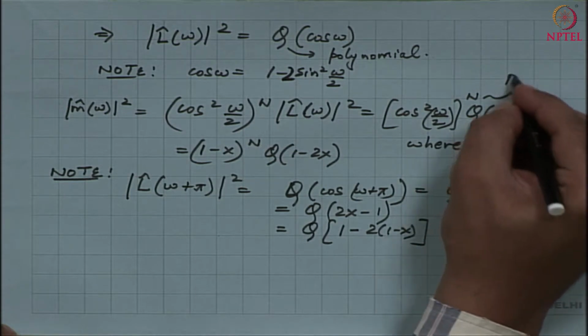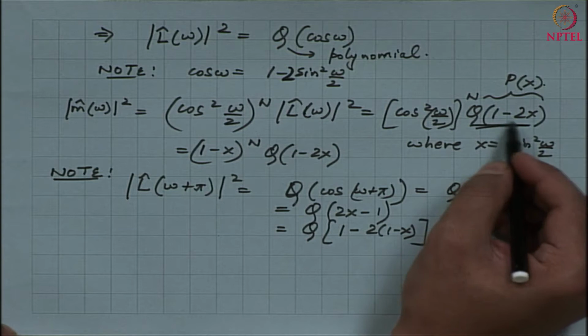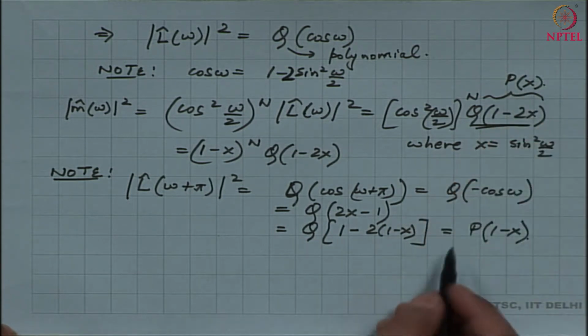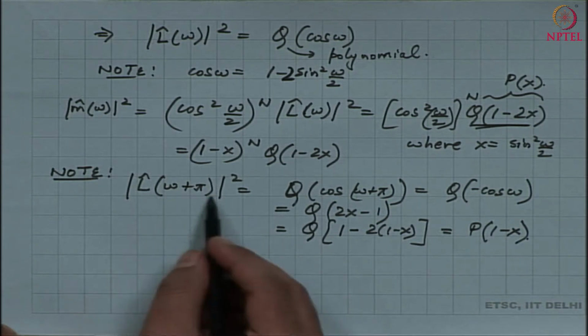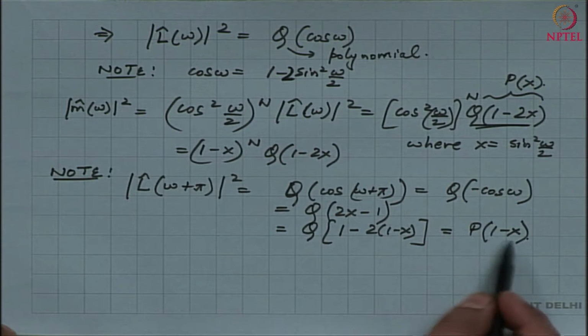I denote my q of 1 minus 2x as my polynomial p of x. So, I see that the absolute value square of L hat of omega plus pi is the same polynomial p at the argument 1 minus x.